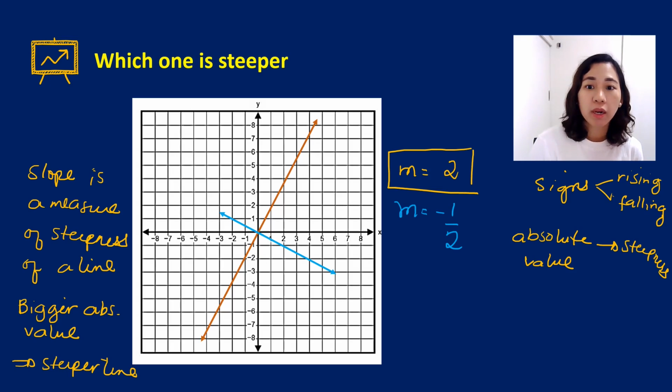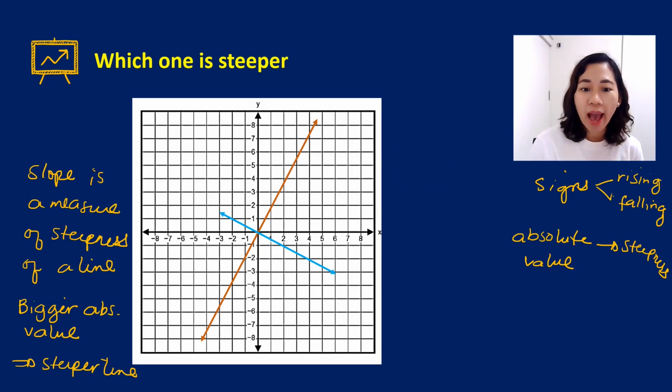Okay, so let me check your understanding. Suppose I have two lines, one with slope equal to 3, and the other one slope is -7. Which one is steeper? Which one is steeper?